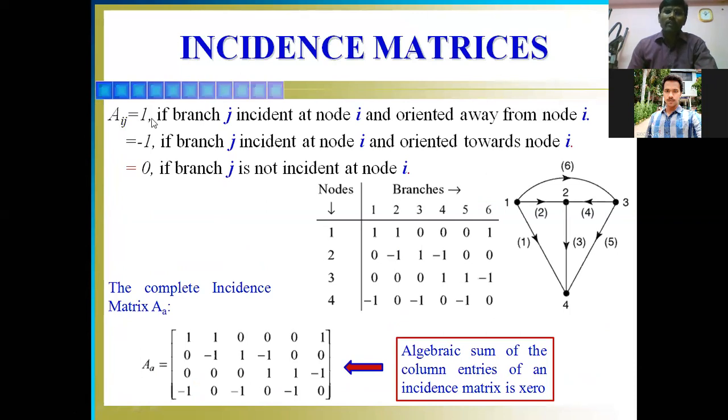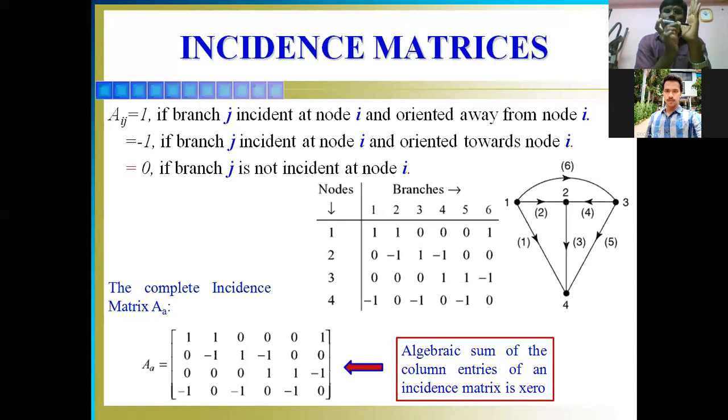Aij is equal to 1 if branch j is incident at node i and oriented away from node i. So this branch j must be connected to node i and its orientation is away from node i, then that element value is equal to 1. Suppose this is the node and this is a branch, connected to this node; you have to consider this direction.